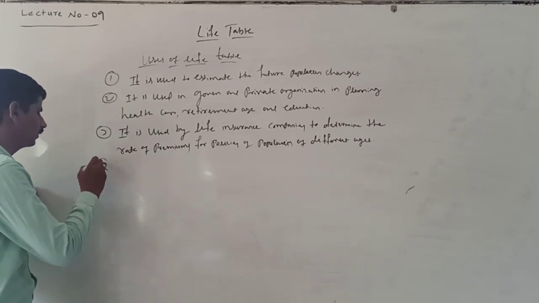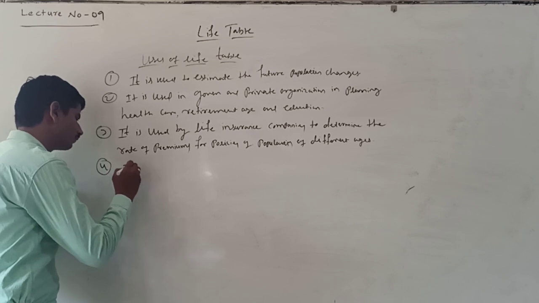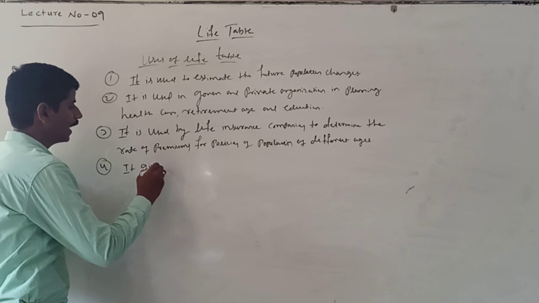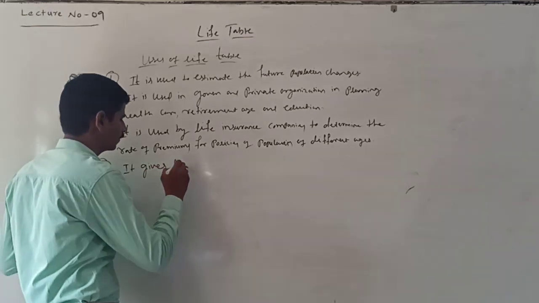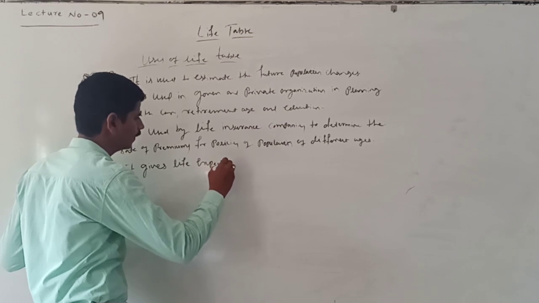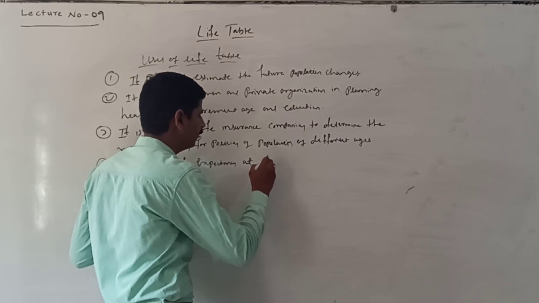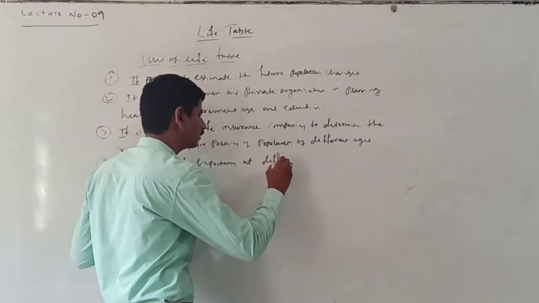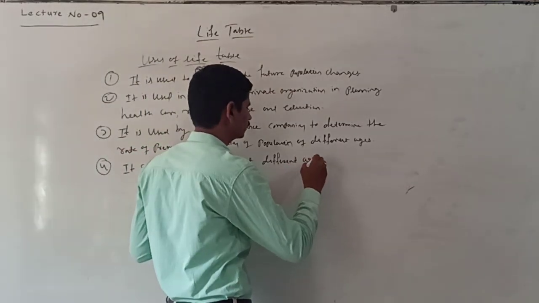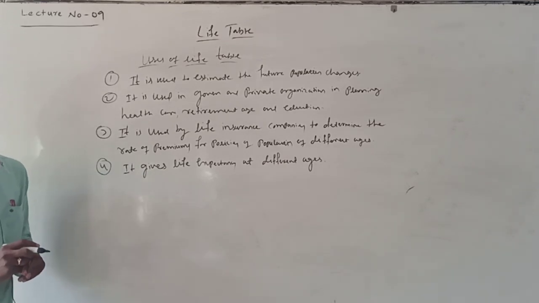The next, fourth one, life table gives life expectancy at different ages.